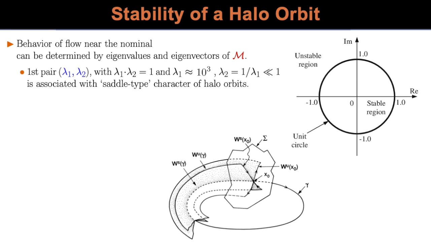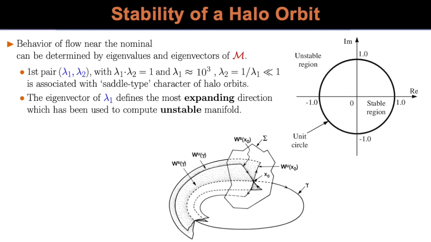So if we take a cross-section of the periodic orbit, we have directions where things are leaving and directions where things are coming in. This lambda gives us an idea of how much things grow. A small perturbation in the unstable direction will grow by a factor of 1,000 after one orbit, and along the stable direction, it will shrink by a factor of 1,000.